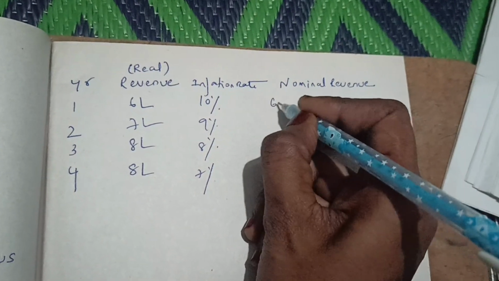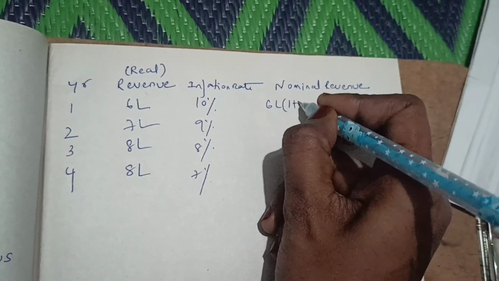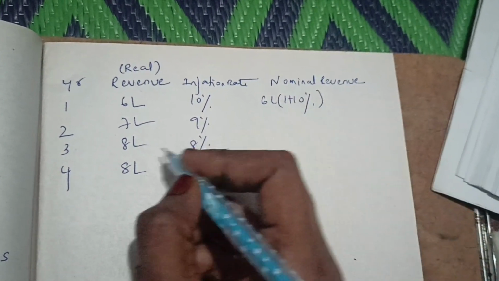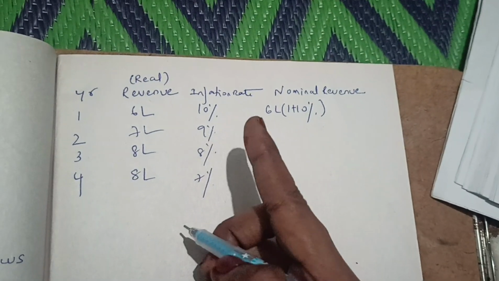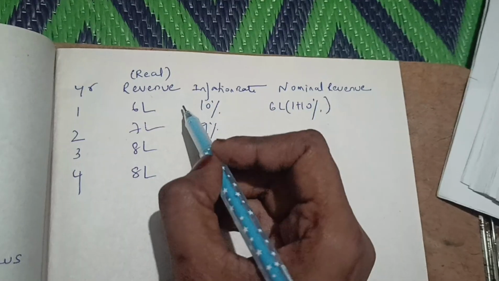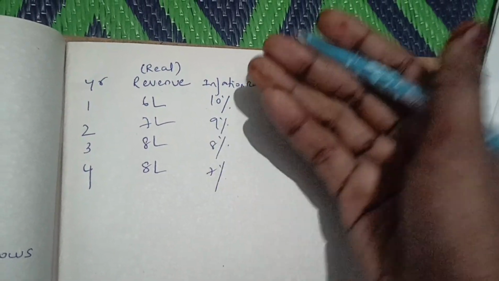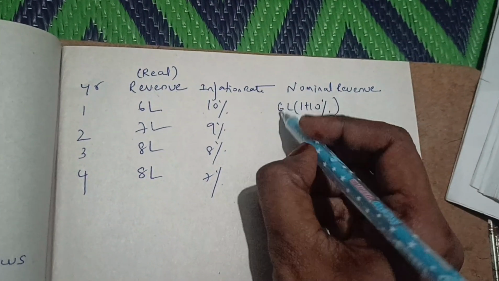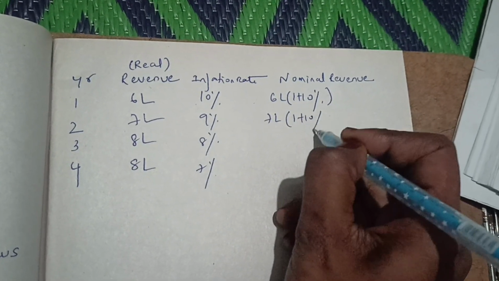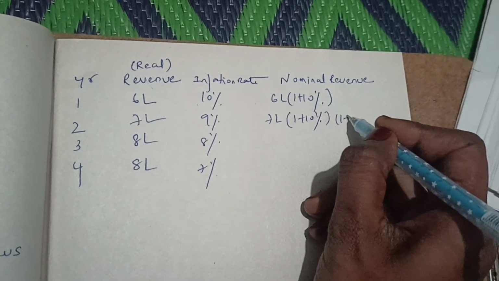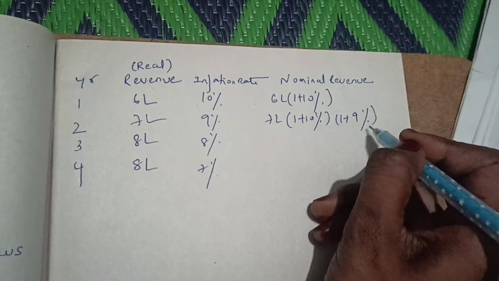So 6 lakhs into 1 plus 10%. Now please listen carefully. In the second year, what you have to do? You have to include inflation of the first year as well as inflation of the second year. So it will be 7 lakhs into 1 plus 10% into 1 plus 9%.